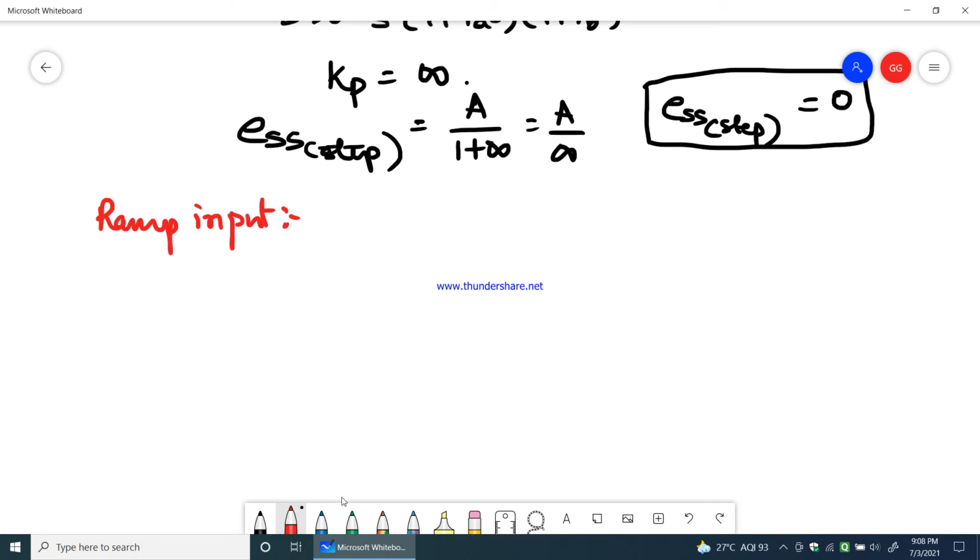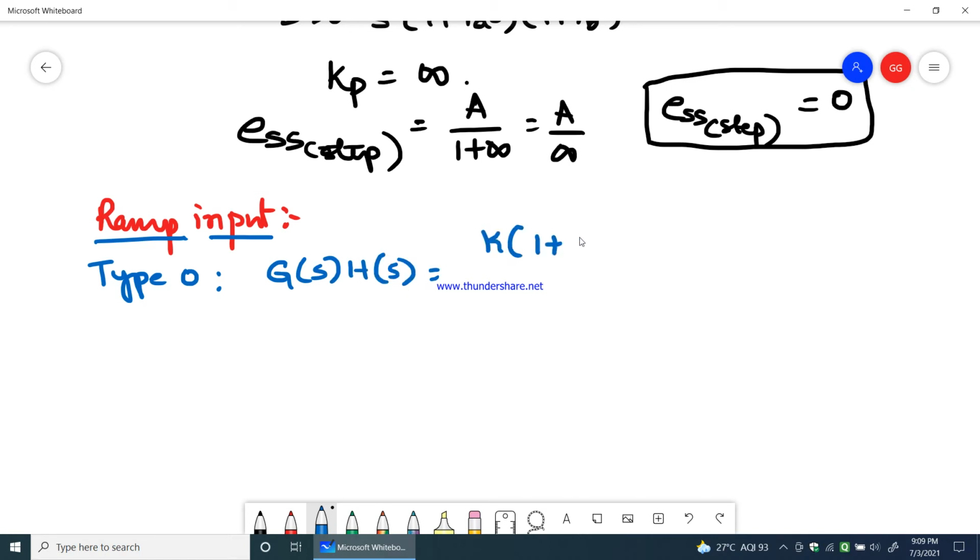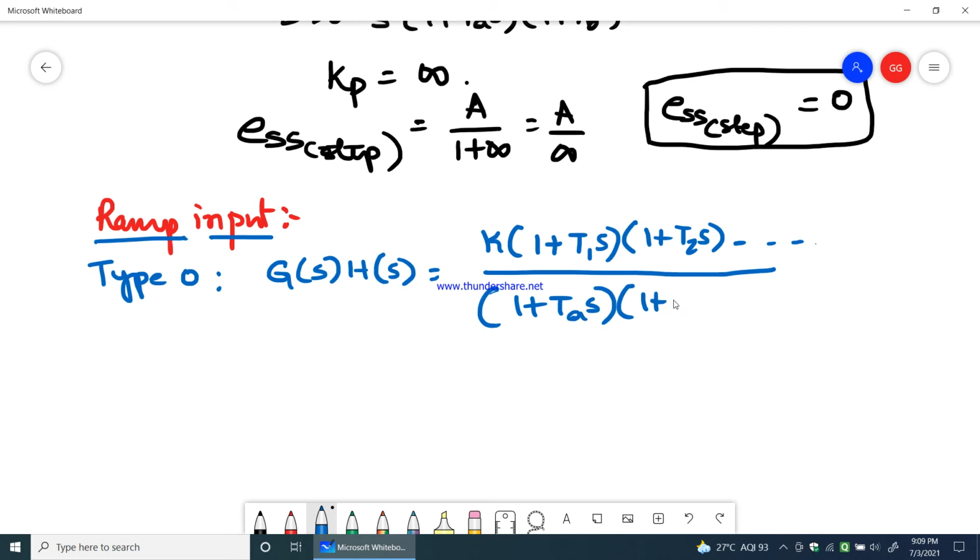Let us first consider type 0, where for type 0, G(s)H(s) is equal to K into (1 plus T1s)(1 plus T2s) and so on, divided by, for type 0, s power 0, which is equal to 1, therefore it is (1 plus Tas) into (1 plus Tbs) and so on. So for type 0, this is G(s)H(s).